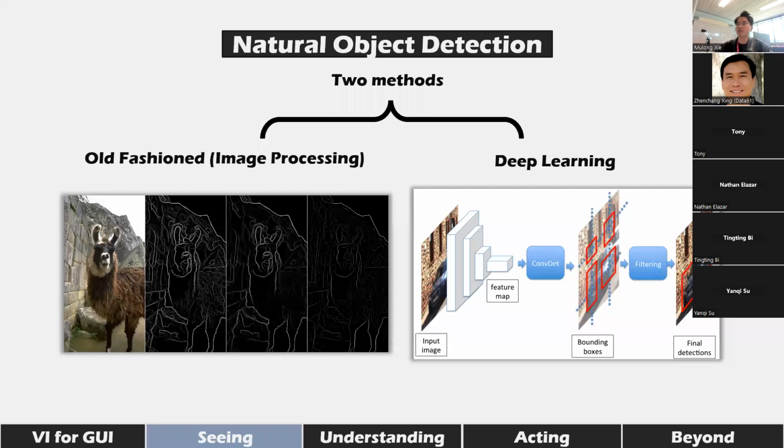But they're all just pixel level algorithms, which are handmade. And then we have deep learning, which is recently really popular and dominant in computer vision.